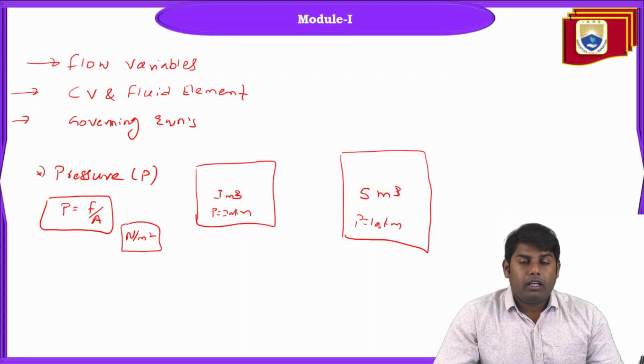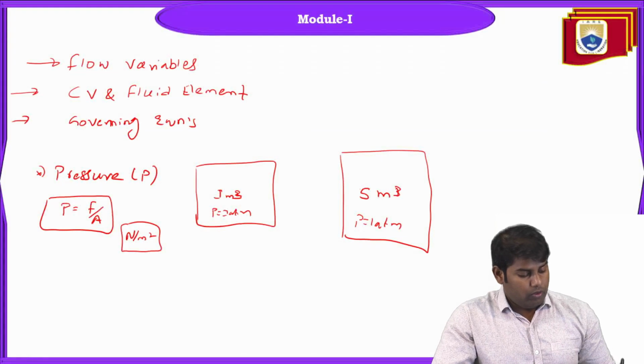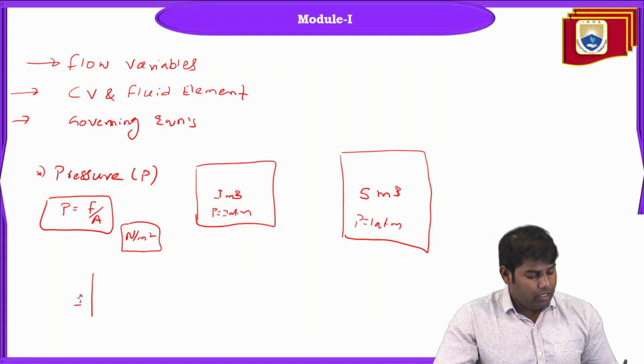The major aspect of pressure is that it will govern the fluid flow, in the sense that it will accelerate or decelerate the fluid flow. Fluid flow will start from one region to another because of pressure difference. Let us take this as station 1 and this as station 2.